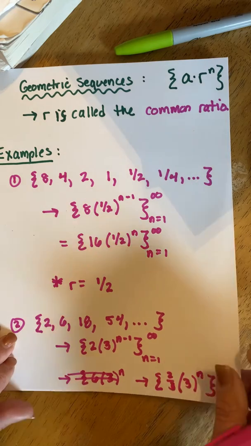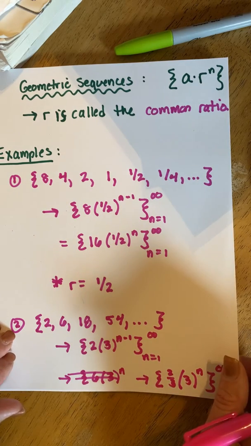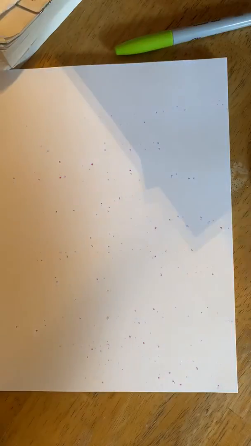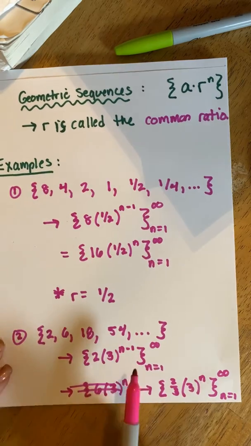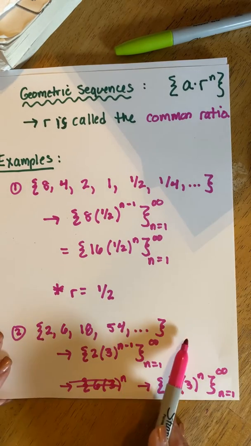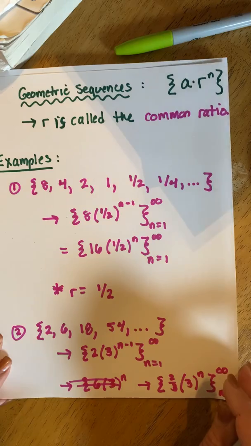All right, so geometric sequences, we can generalize how these behave. If we look at this one, notice that my terms are converging to 0. Here, notice my terms are shooting off to infinity.